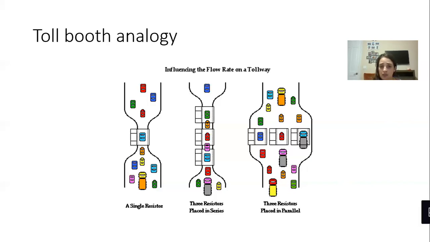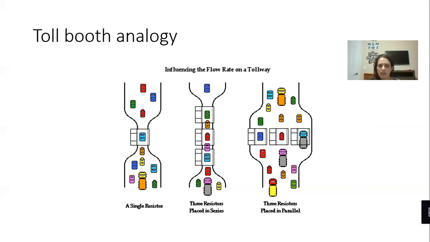Let's say this light blue truck, as it was coming in, thought, oh, there are three paths I can take. So it goes through one, which allows this red car to go through the middle one, which allows the blue car to go through the other. That means that when charges reach a junction, there are several places they can go. So they move, creating space for other charges to move quickly and simultaneously as well. Having resistors in parallel widens the highway, so to speak, so that it permits more charge to flow at the same time.